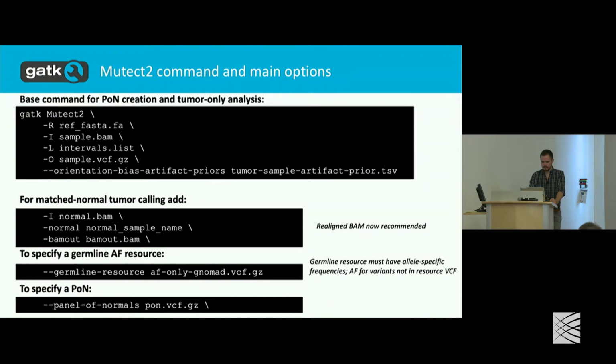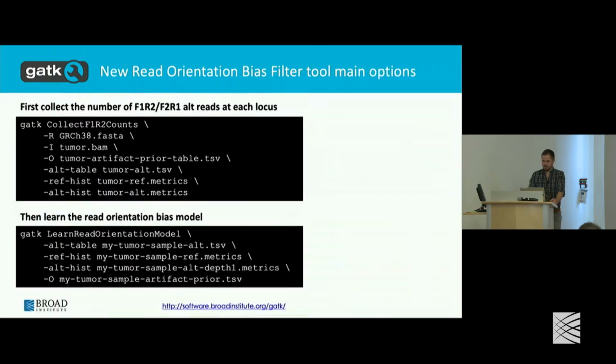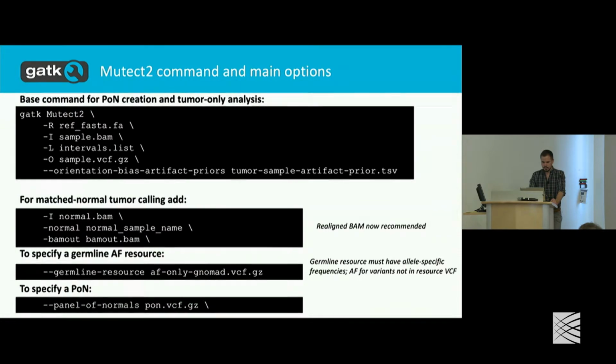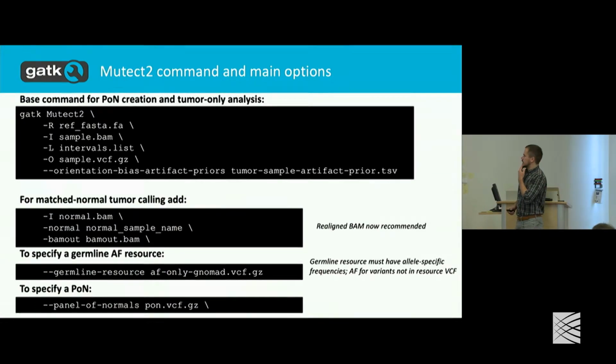There's actually not a great reason for that not to be passed directly into the filtering tool, and that actually might change later. So now, given the output of the orientation bias model, we call Mutect2.